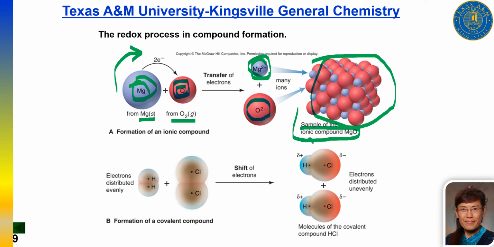Reducing or oxidizing? Thank you. Magnesium is called a reducing agent. Oxygen is an oxidizing agent. Total number of electrons transferred, 2. For both half reactions, reduction and oxidation reaction, total number of electrons transferred must be balanced.